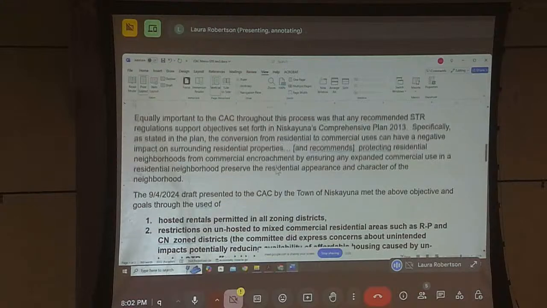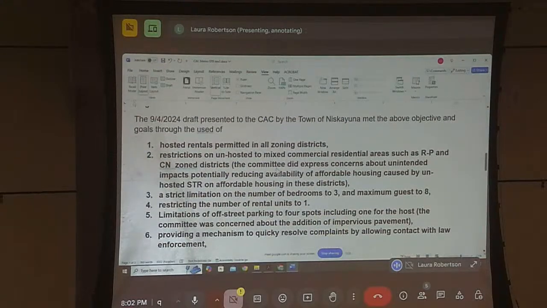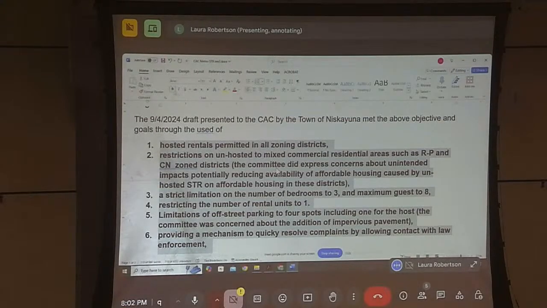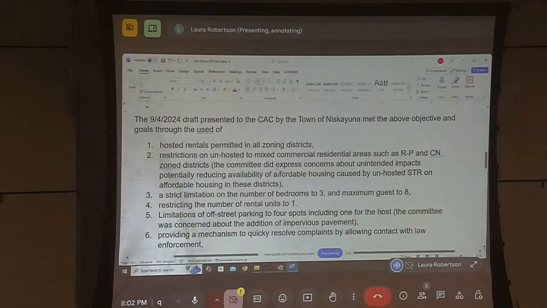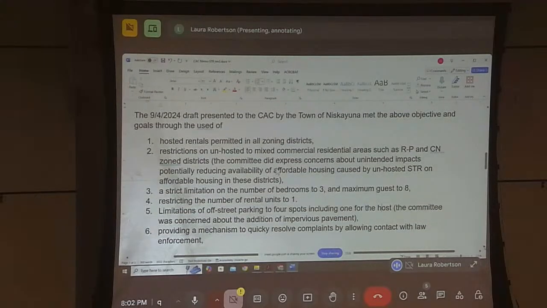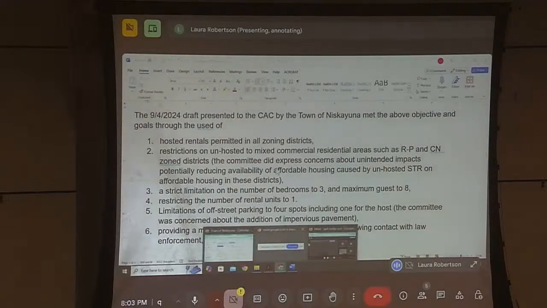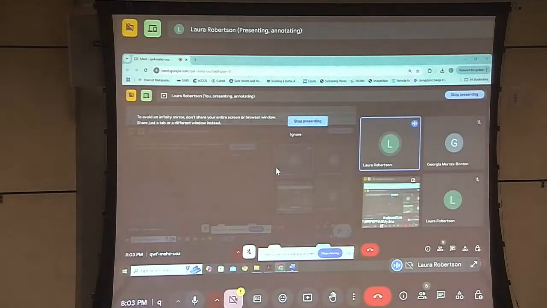In the next paragraph, I talk about the aspects of the 9/4/2024 draft and how those items met the above objectives. So the 9/4/2024 draft presented to the CAC by the town of Niskayuna met the above objectives and goals through the use of: 1, hosted rentals permitted in all zoning districts; 2, restrictions on unhosted rentals to mixed commercial residential areas such as RP and CN.